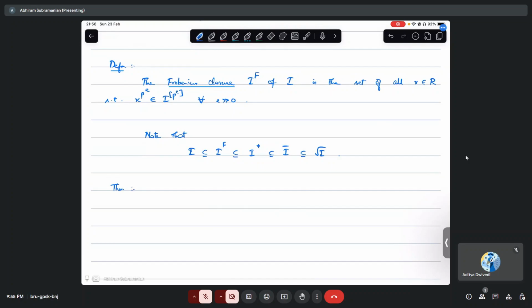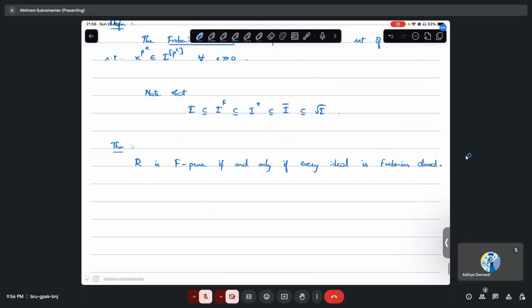Theorem. R is F-pure if and only if every ideal is Frobenius closed. This is a nice theorem which I don't have time to prove now. We'll do it next time.